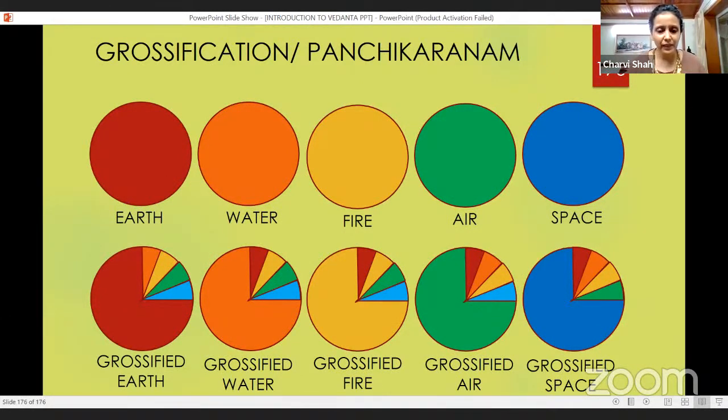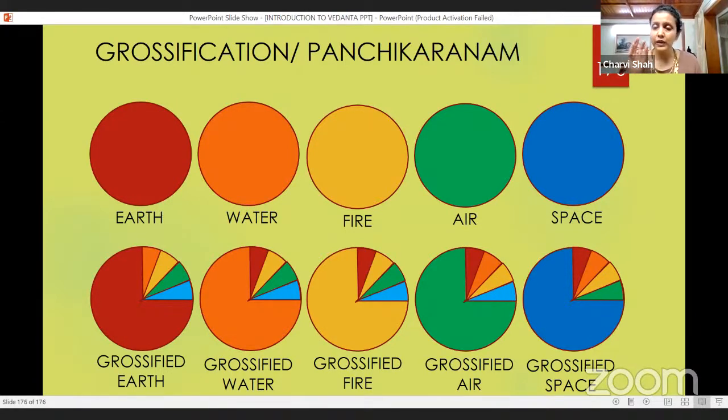So, see, suppose ये जो just imagine हाँ कि ये जो red color का circle दिख रहा है, that is Prithvi. Okay, that is the tamogun component of Prithvi. Okay, remember that. The orange one is the tamogun component of water. The yellow one is the tamogun component of fire.